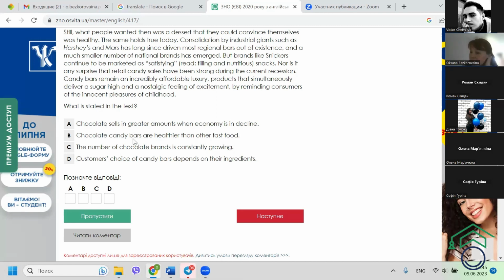Chocolate sells. Шоколад продається у більшій кількості, коли економіка на спаді. Chocolate candy bars are healthier than other fast food. Шоколадні батончики більш корисні, ніж інші продукти фастфуду.